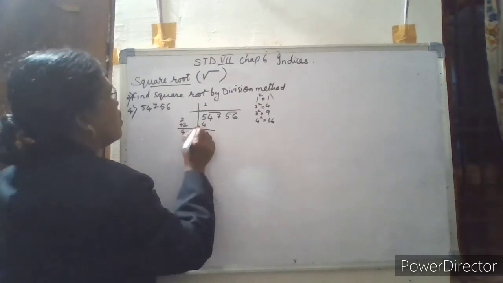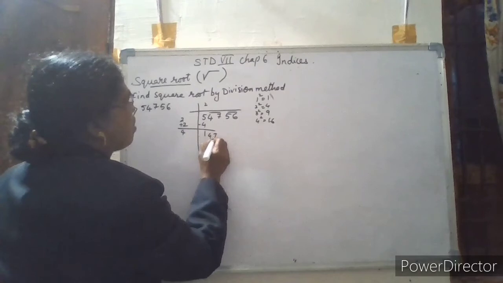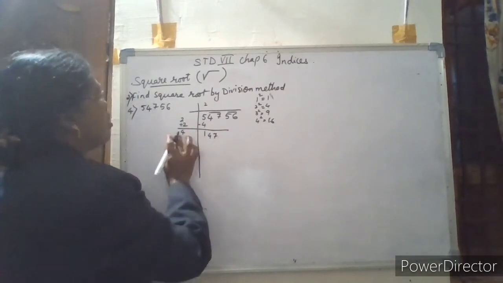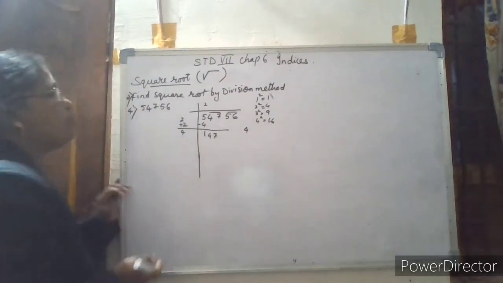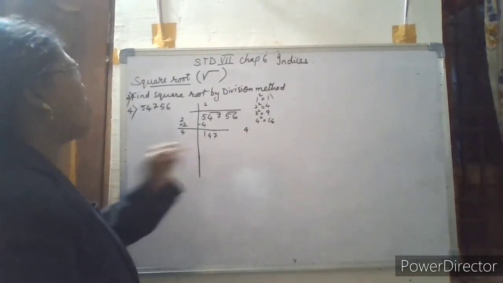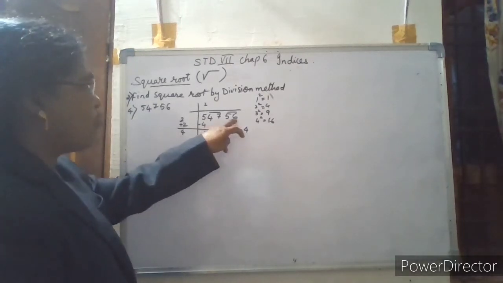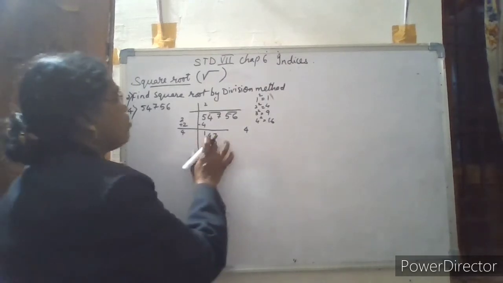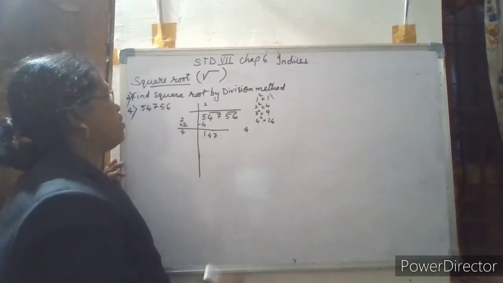Bring down this 47 now. I brought down 4 and 7. Now take this 4 and multiply with any number so as to get very near to 147. You won't get 147 exactly because you have 2 more digits to bring down. So it should not be greater; it must be lesser than 147 and nearest to 147.